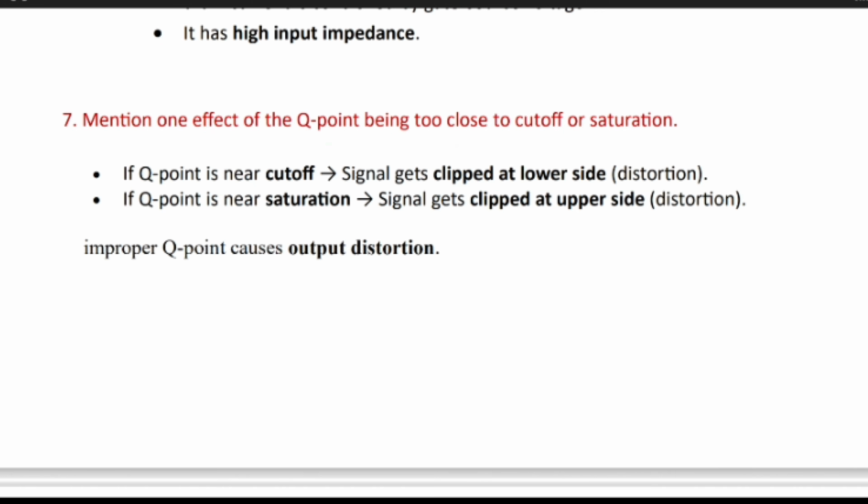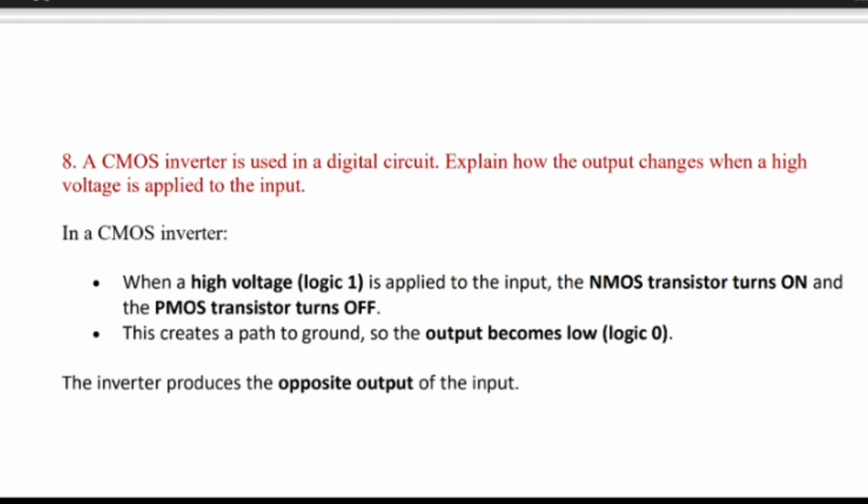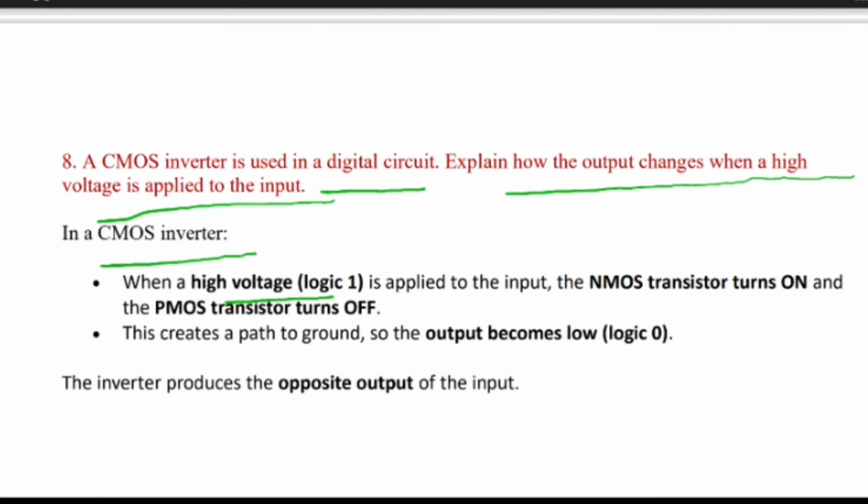Next question: a CMOS inverter is used in a digital circuit. Explain how the output changes when a high voltage is applied to the input. When a high voltage, logic 1, is applied to the input, the NMOS transistor turns on and the PMOS transistor turns off.